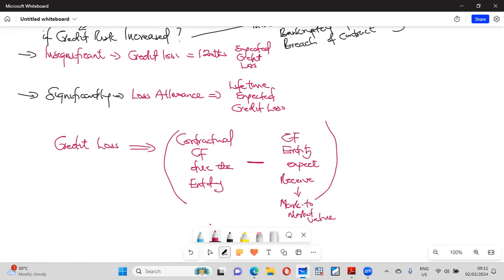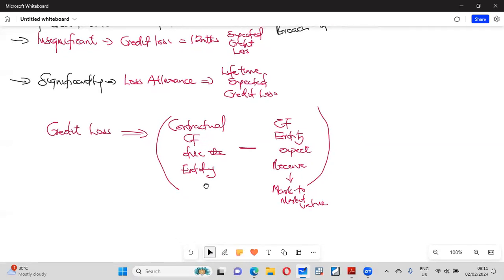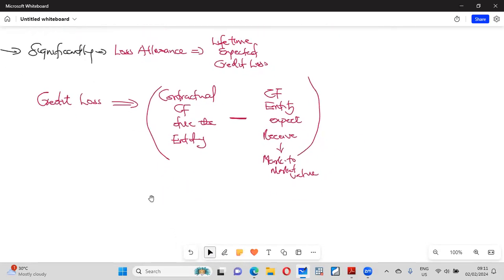So the difference between those two things is what we call the shortfall. Now here, when you get the difference, you are going to discount the difference, because most of them are in the future.